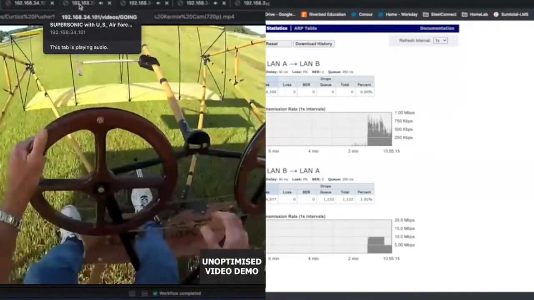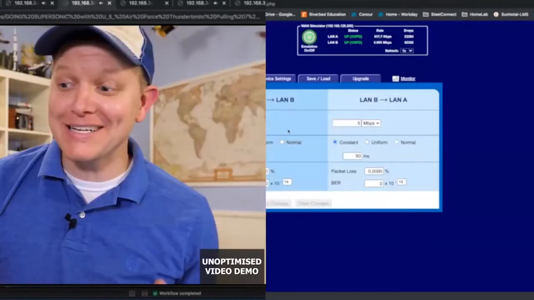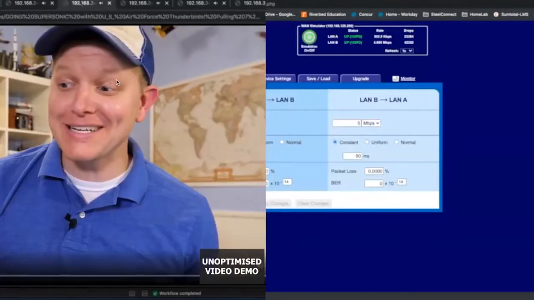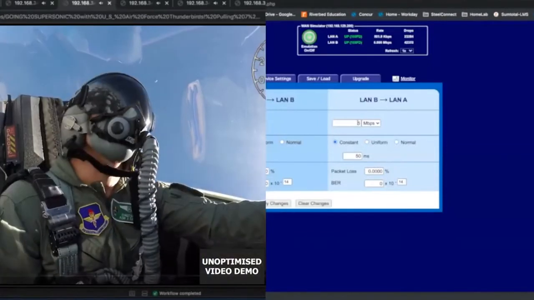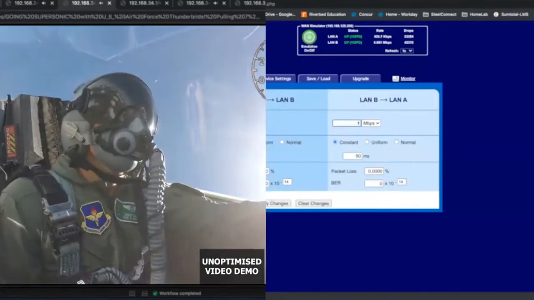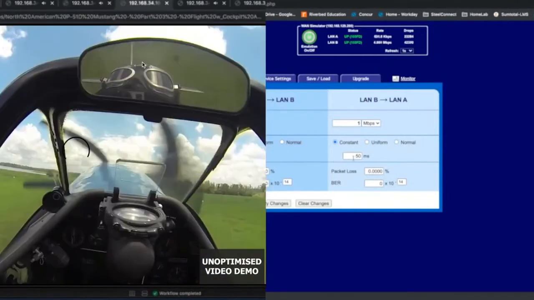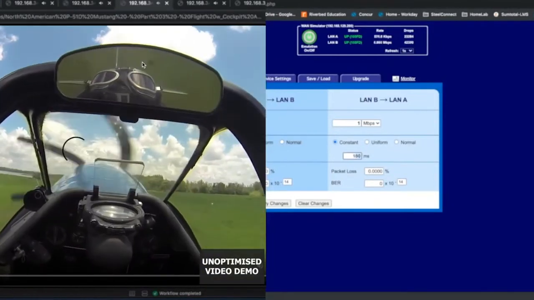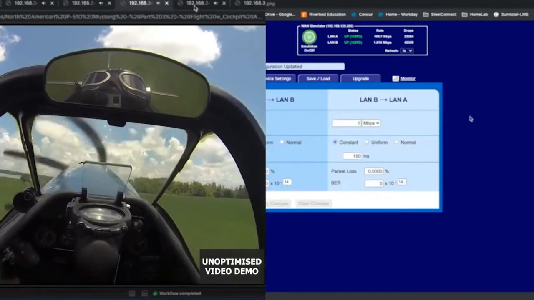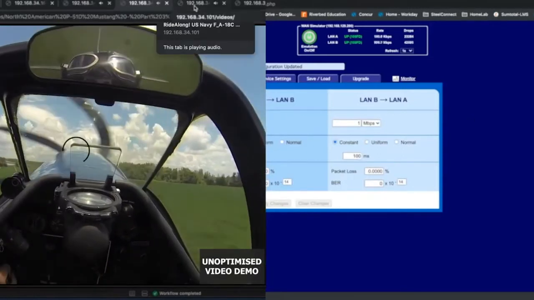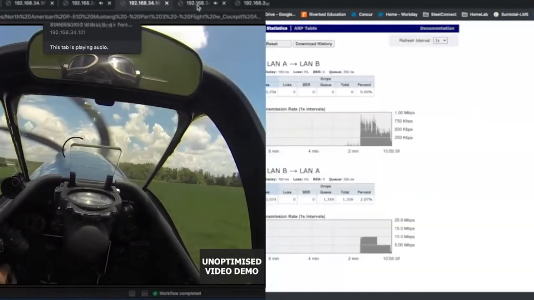So I'm bringing that down again, down to 1 megabit per second, and 100 milliseconds of latency. So it's 100 on each side, so it's a total of 200 milliseconds of latency.